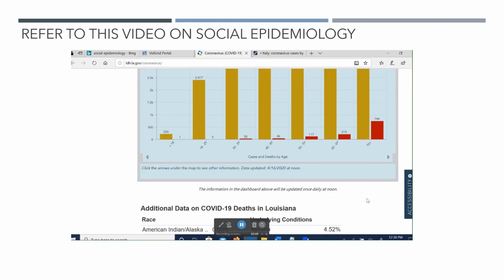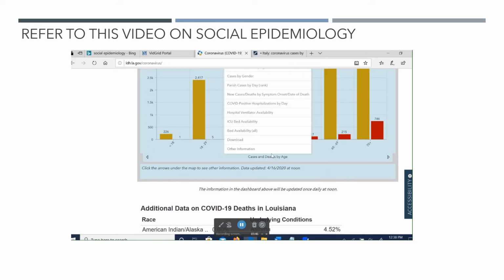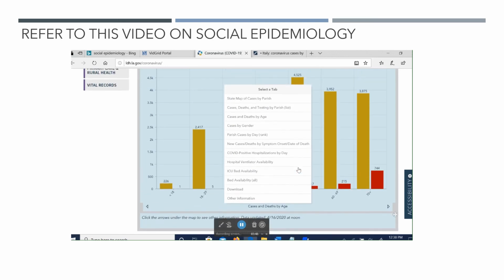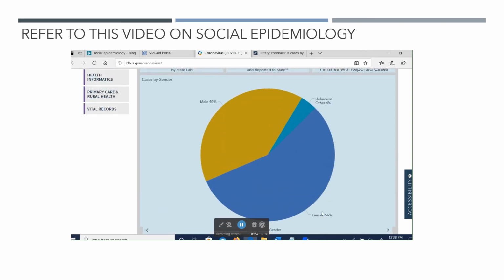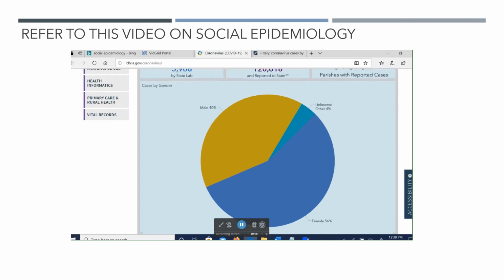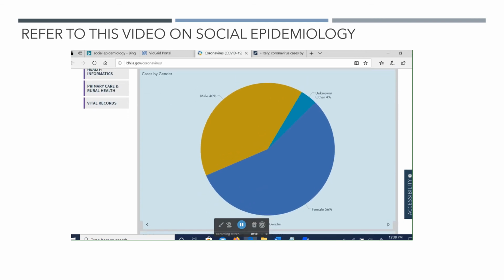And if you want another statistic, you just click here, and we can also see cases by gender. And as you can see, for those who reported their gender, the majority of deaths occurred among females.